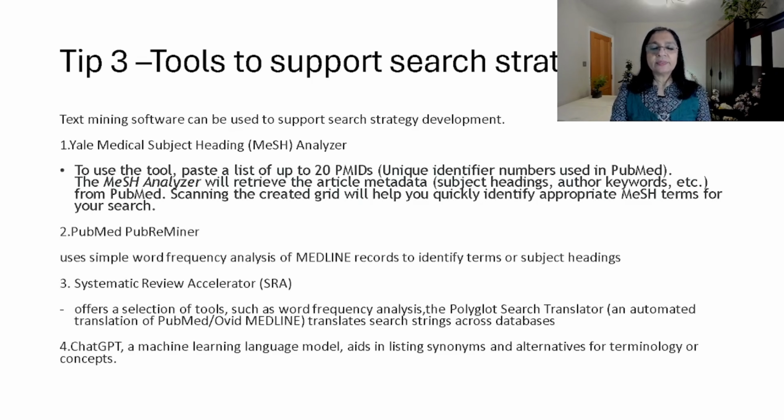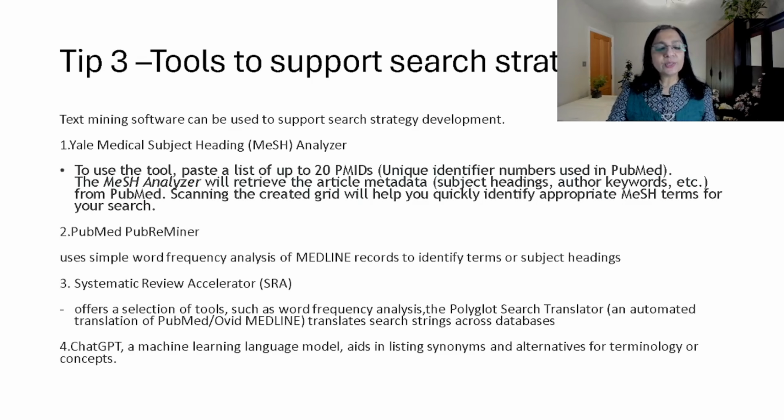We need to identify MeSH terms or controlled vocabulary, so by using this tool, we can identify MeSH terms very quickly. Then there is something called PubMed PubReMiner. This tool uses simple word frequency analysis of Medline records to identify terms or subject headings.